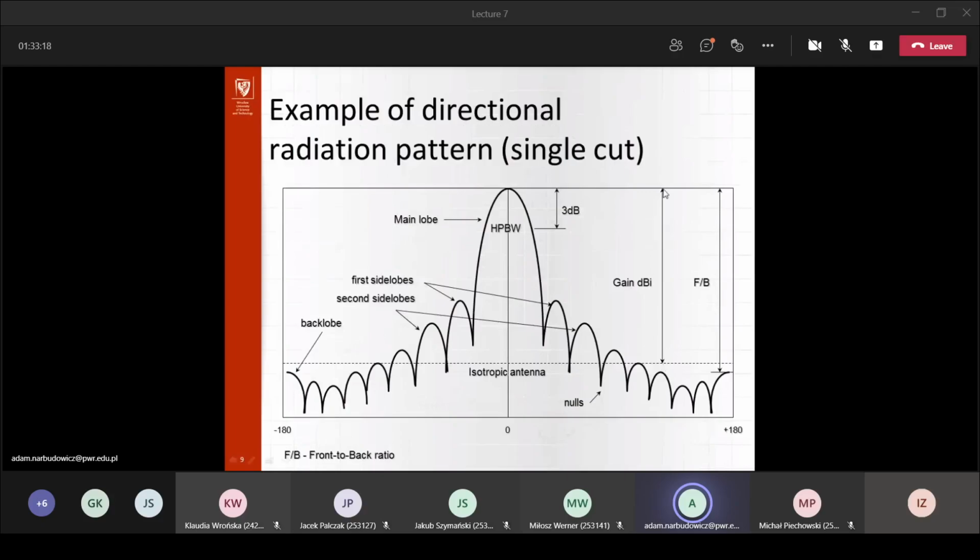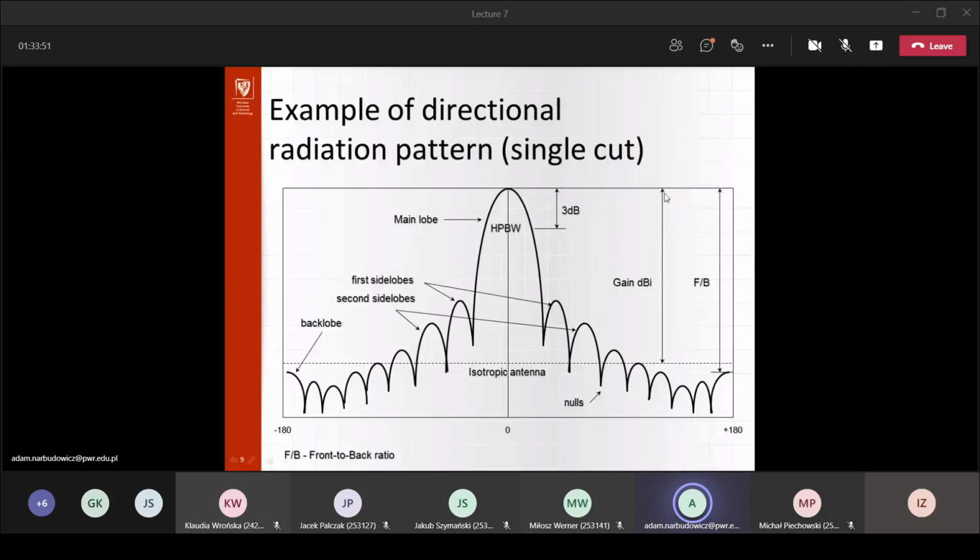First of all, on the vertical axis we have the amplitude, expressed in decibels, which is the common practice. On the left, we have an angle from minus 180 to plus 180 degrees. So this is only one single cut through our sphere for the radiation pattern.